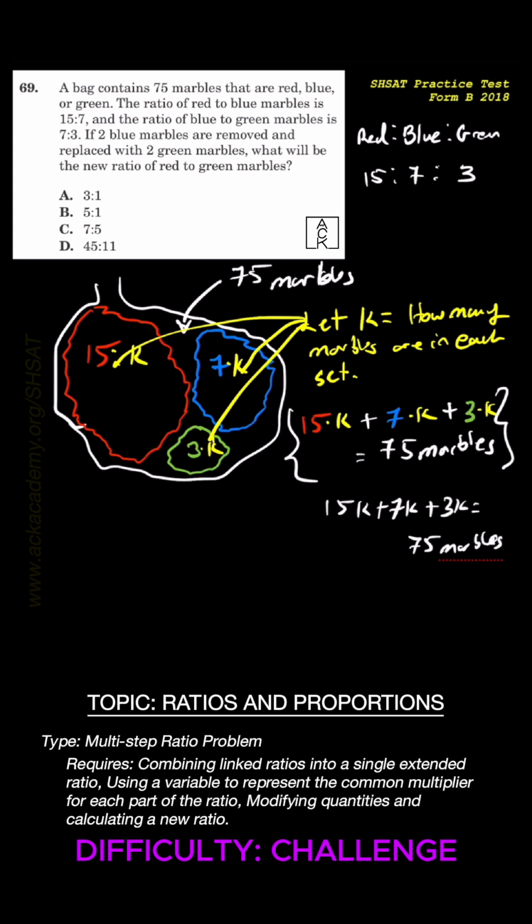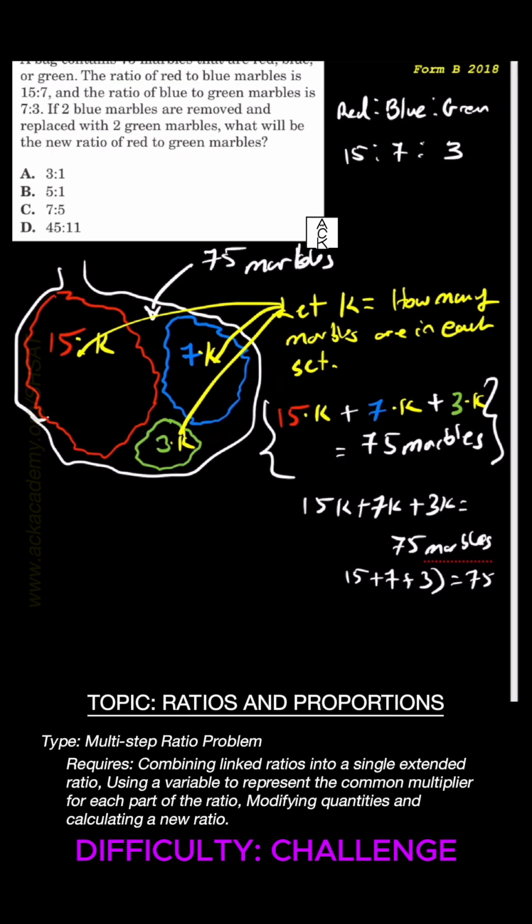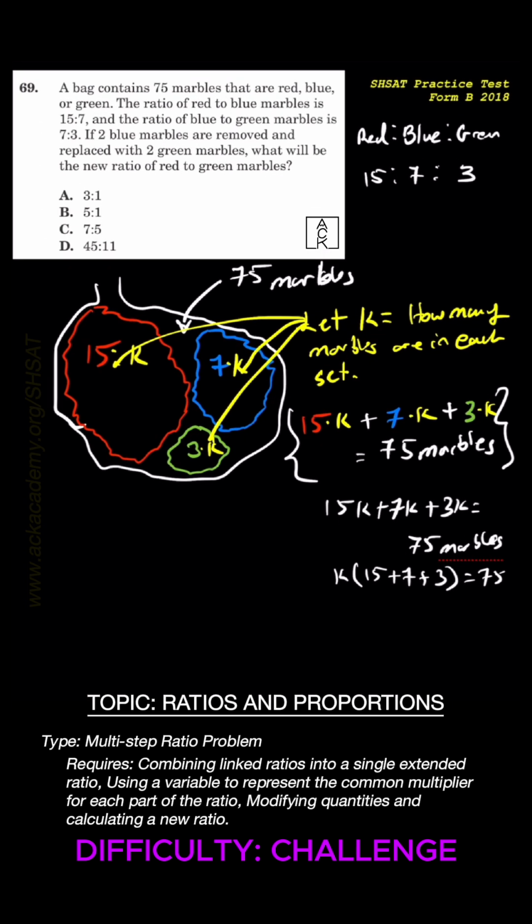And we can take the k out. k times (15 plus 7 plus 3) equals 75 marbles. 7 plus 3 is 10, and 10 plus 15 is 25, so 25k equals 75. k is equal to 75 over 25, which is 3.